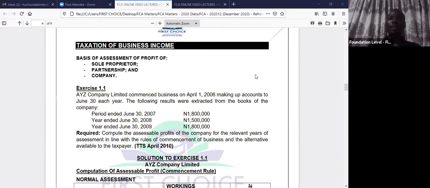There are three characteristics of a normal basis period. First, it must be in arrears, and we call that arrears preceding year basis. NEPA charge you in arrears the preceding month.